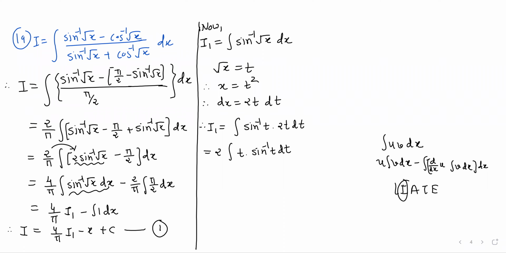So this one is our U, and this one is our V. Now applying this formula, so 2 times sine inverse t into integration of t dt minus integration of d by dt of sine inverse t into integration of t dt, whole dt.